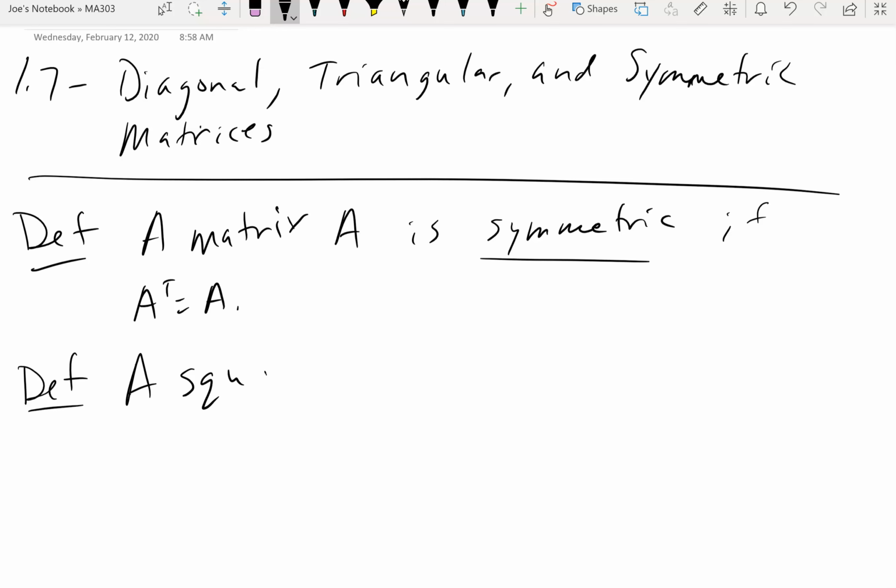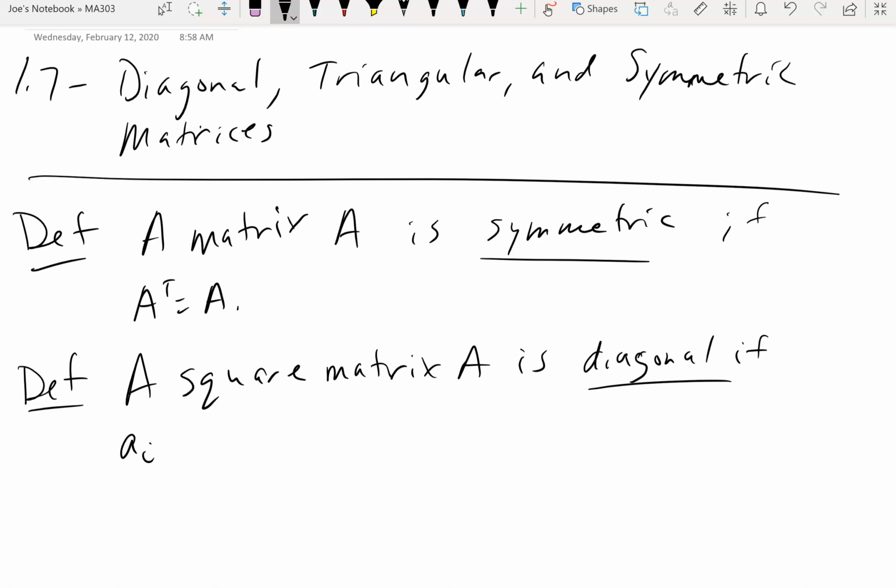So just to write that down, a square matrix, let's do diagonal first. A square matrix A is diagonal if it's zeros everywhere except for the diagonal.